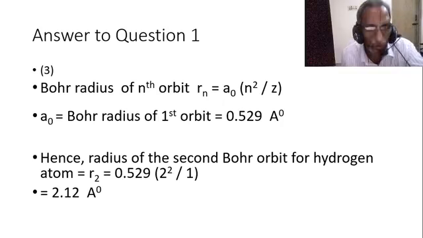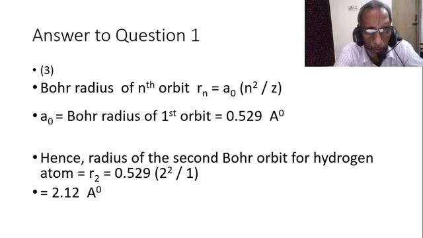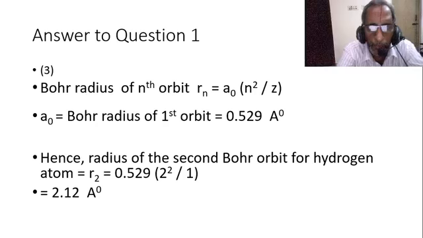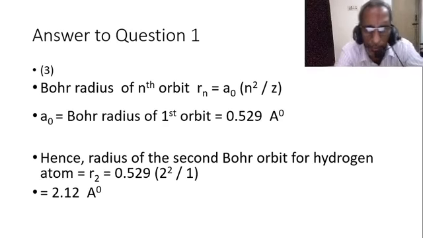So we have to use the relation: Bohr radius of the nth orbit is Rn equals a naught into n squared by Z, where n is the orbit number and Z is the atomic number. It is given for hydrogen. Hydrogen's atomic number is 1. So Z equals 1.